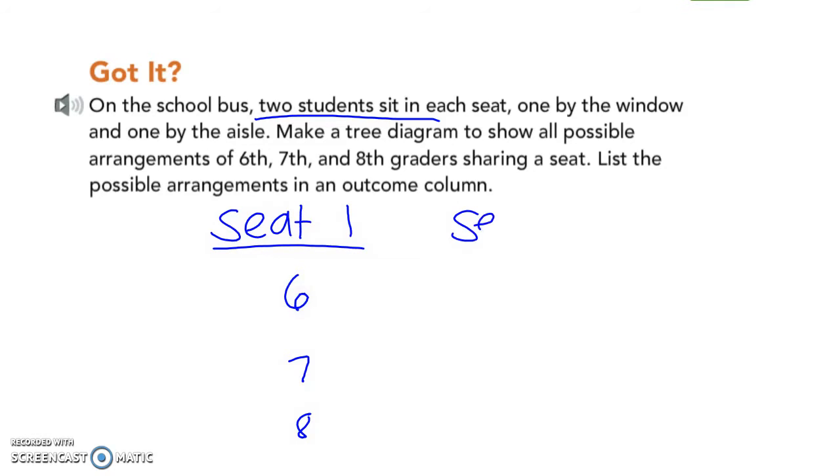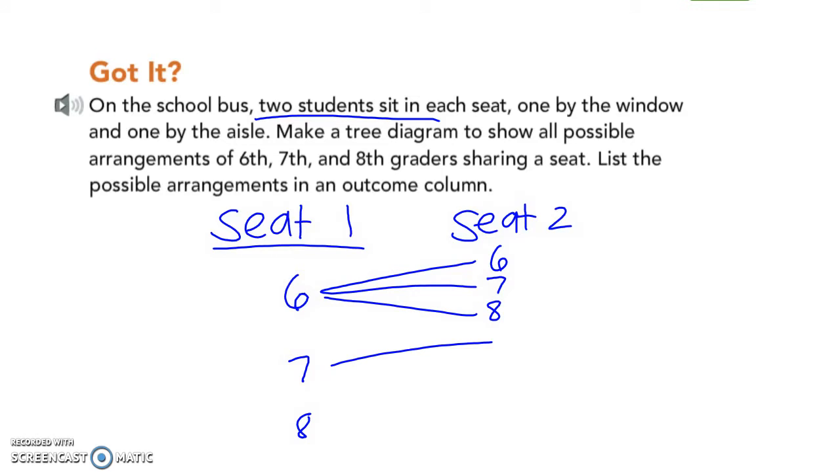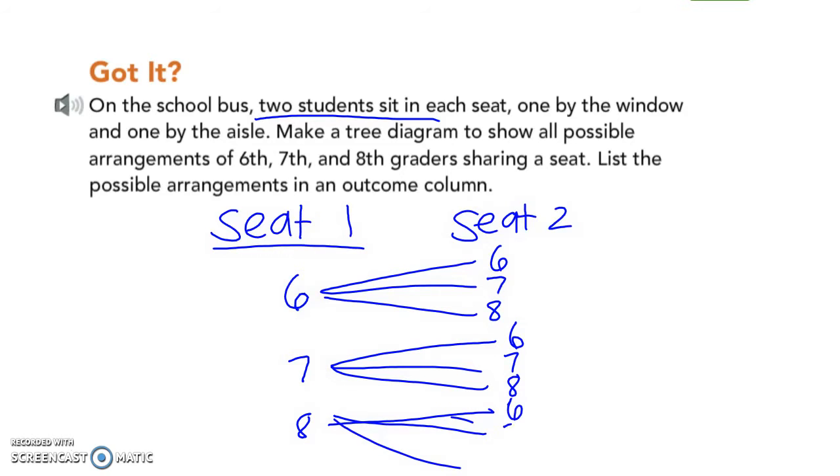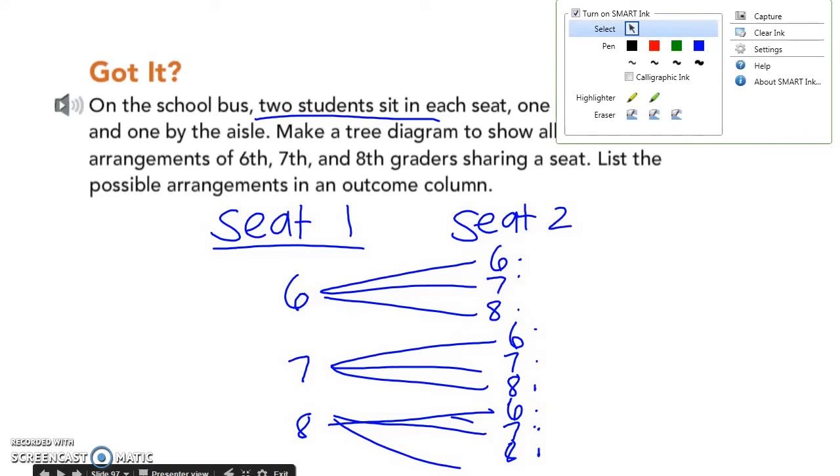And then in seat 2, I could have a 6th grader paired with a 6th, 7th, or 8th grader, a 7th grader paired with a 6th, 7th, or 8th grader, or an 8th grader paired with a 6th, 7th, or 8th grader. So that gives me 1, 2, 3, 4, 5, 6, 7, 8, 9 combinations. And that's using a tree diagram.